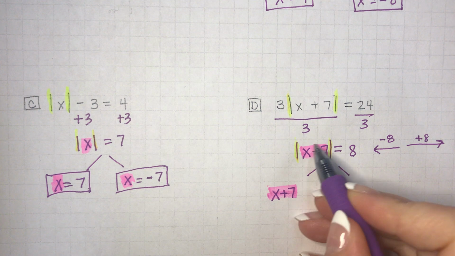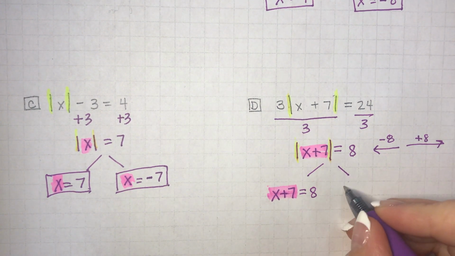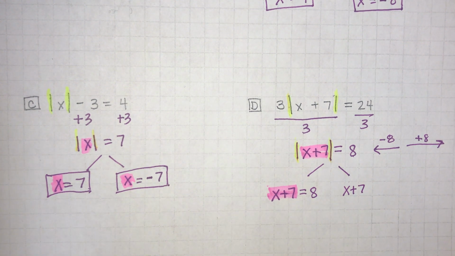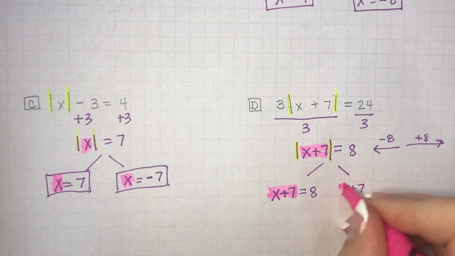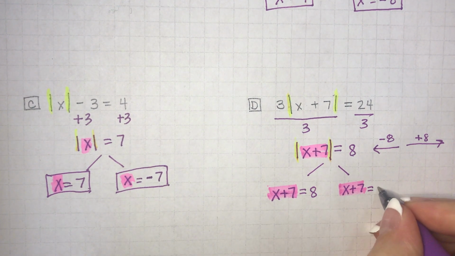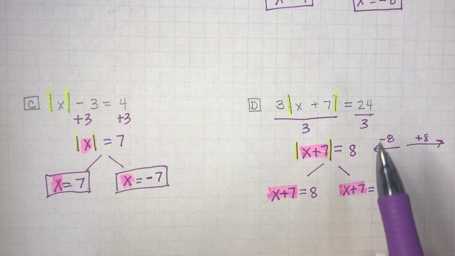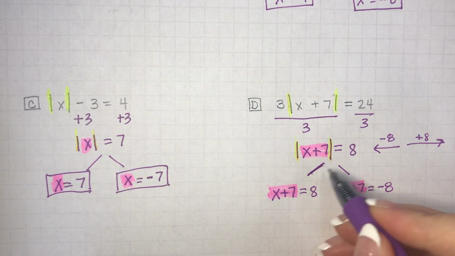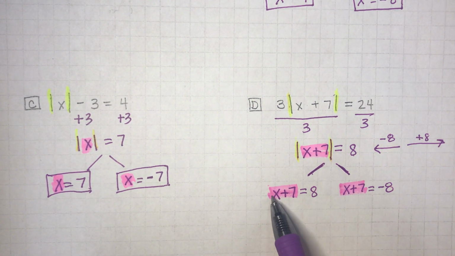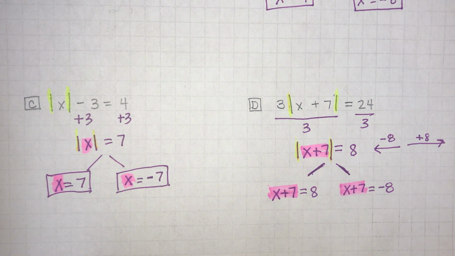So we have x plus 7 equaling a positive 8, and then over here we have the same x plus 7 equaling a negative 8. Now, remember when we go into two equations, this is our first, this is our second, we drop those absolute value symbols, okay? And now we just solve for x.